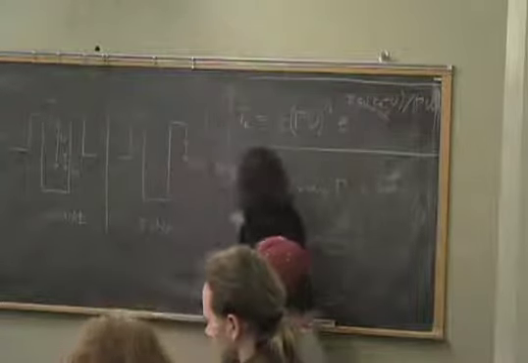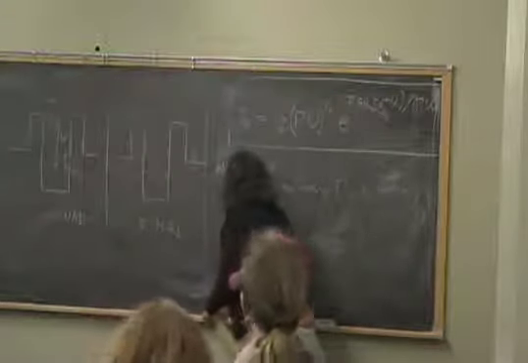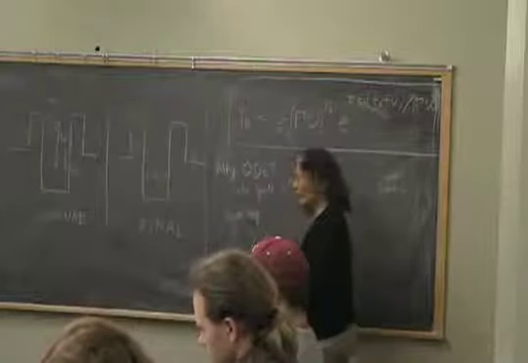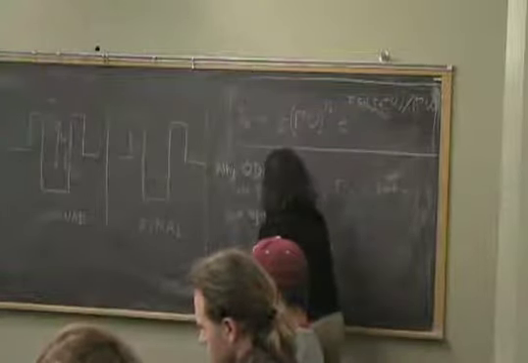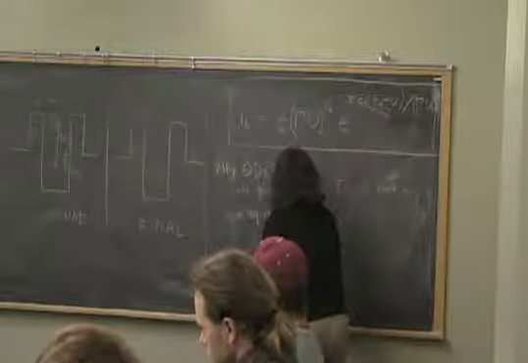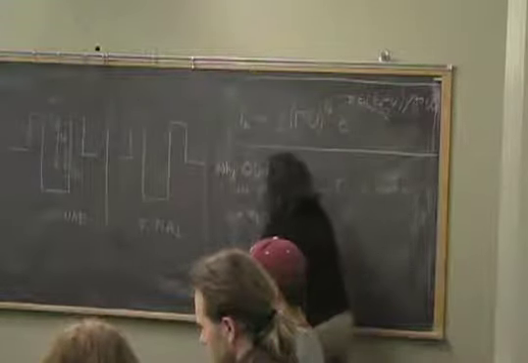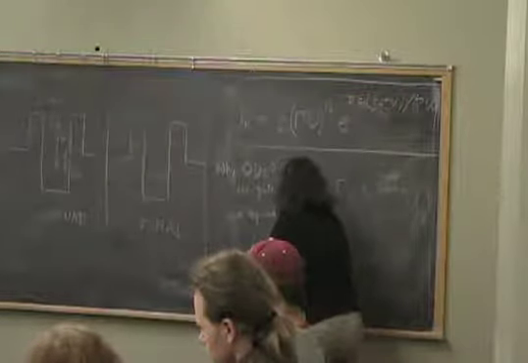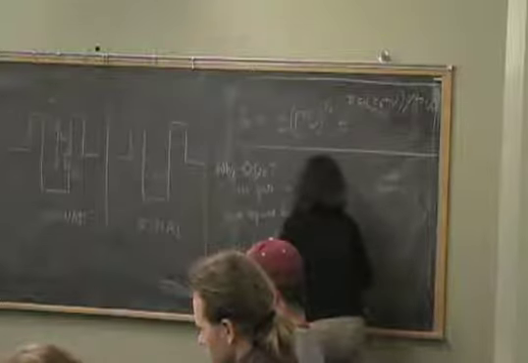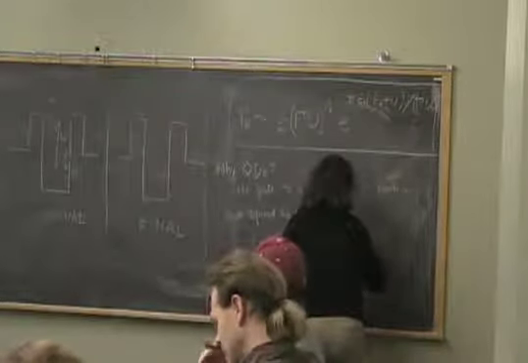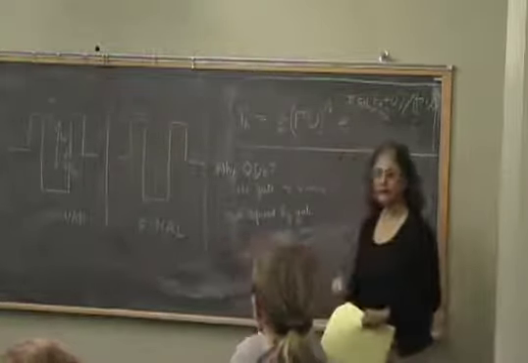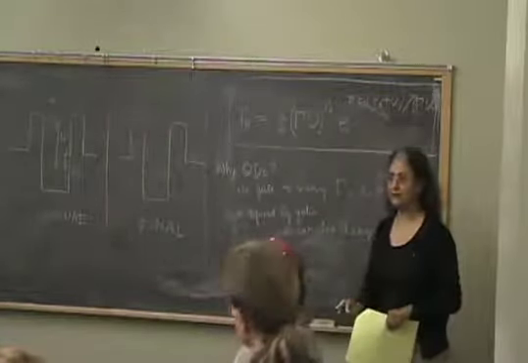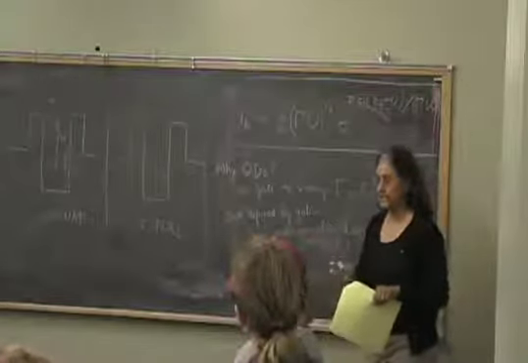So the dot is basically defined, it's like a shape, which is defined by the gates. So the same gates can also change U. So we have tremendous control. You can change gamma, U, E0, all of them. Why does it adjust U?